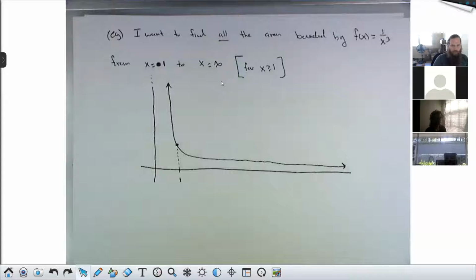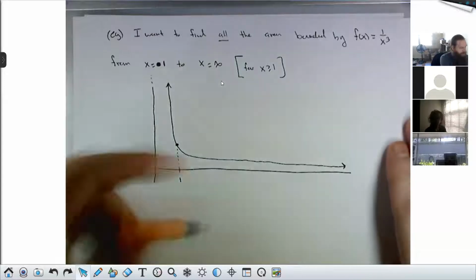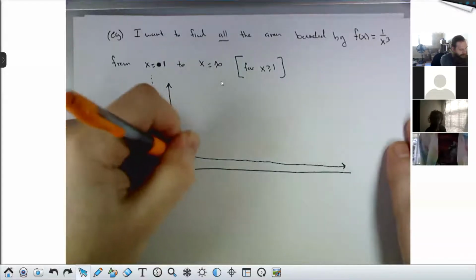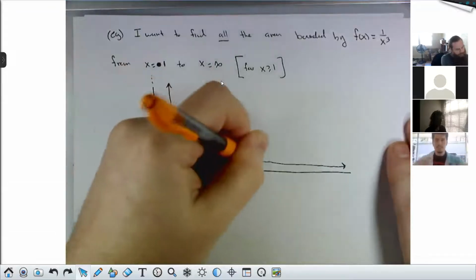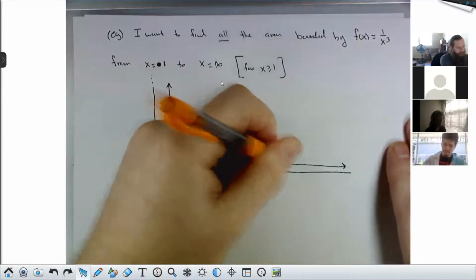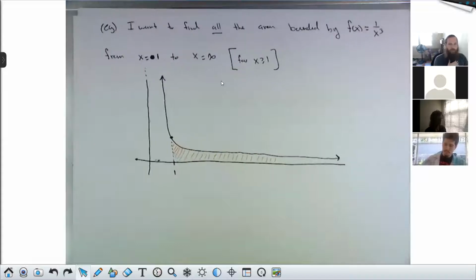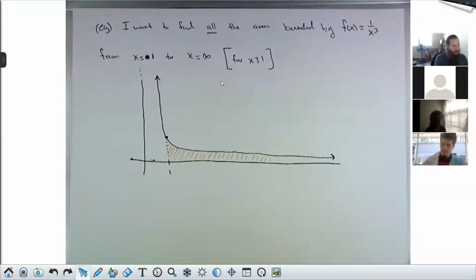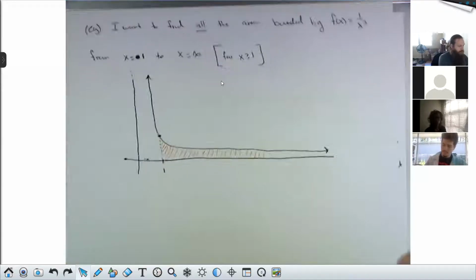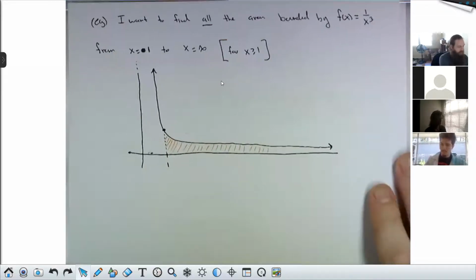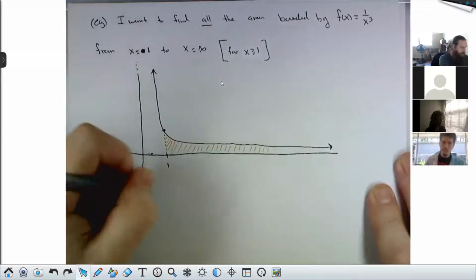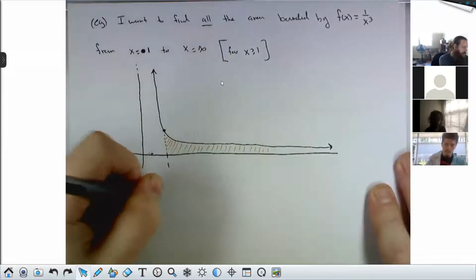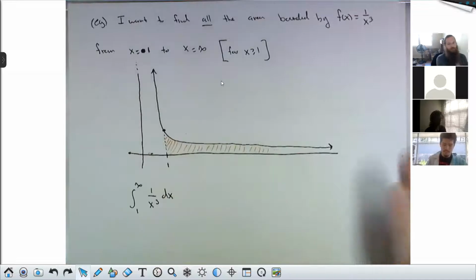So I'm talking about finding all the area to the right of 1 under this graph. And it goes on and on and on forever. The way I would represent that as an integral is the integral from 1 to infinity of 1 over x cubed dx.